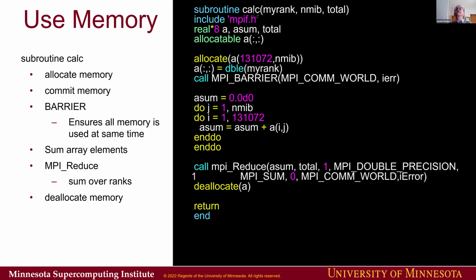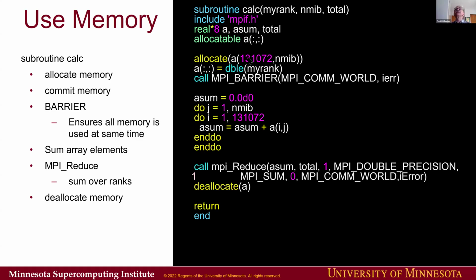So this calculation routine, basically all it's going to do is allocate memory, and I'm going to use these allocatable arrays so that I can specify the number of megabytes. And I do that by having it be a real*8, or double precision floating point, so I have 8 bytes per number.